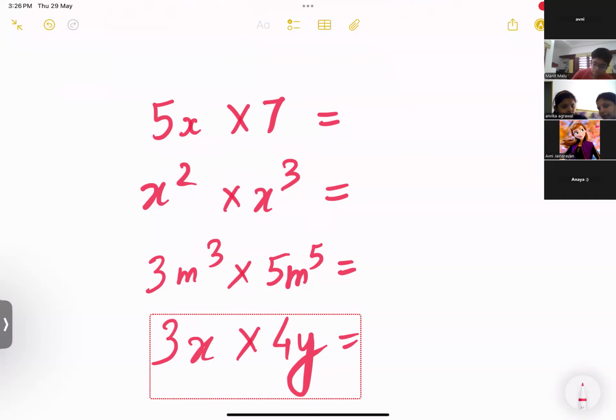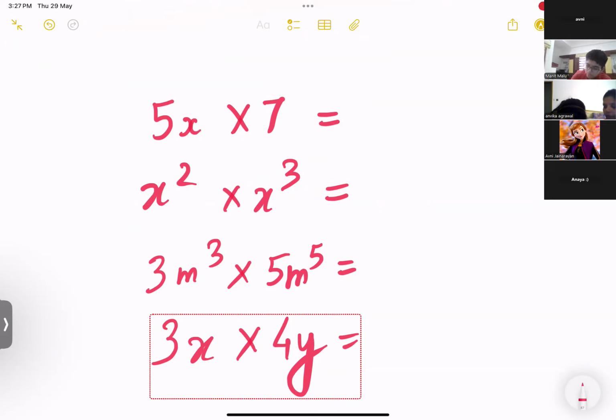5x times 7. When we multiply, we can multiply apples into bananas. We can multiply x into 7. It is 35x. I just read it as a decimal, 1.35x.